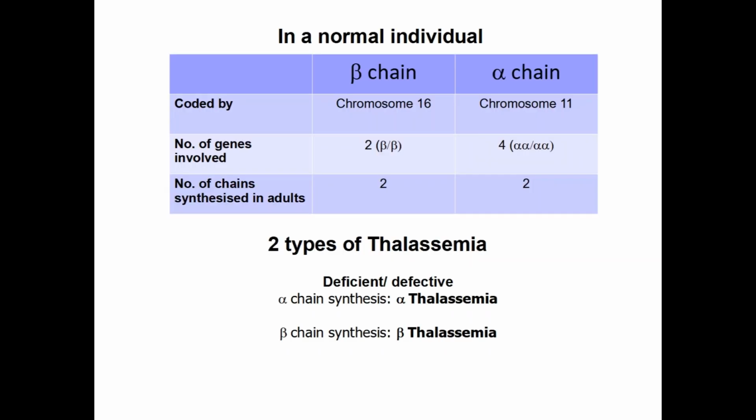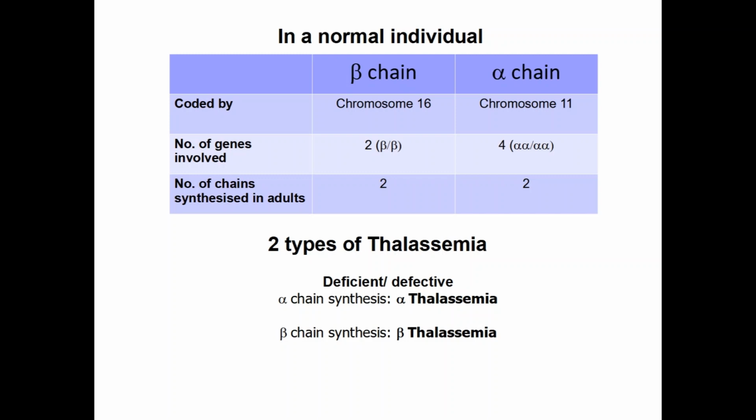In a normal individual, after about the age of 6 months, the most common hemoglobin is hemoglobin A, and it will have 2 alpha chains and 2 beta chains. The beta chains are coded by genes on chromosome 16, and there are 2 genes involved to produce 2 chains of beta globin.